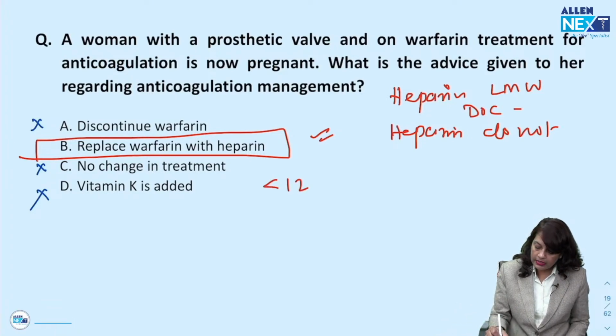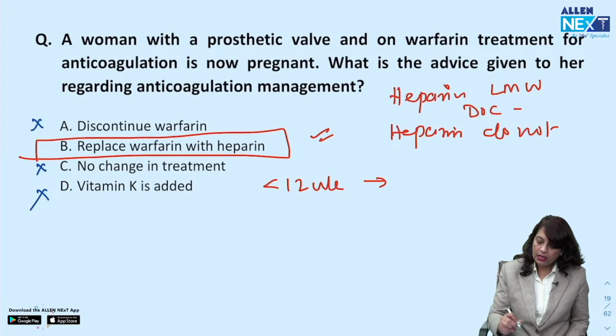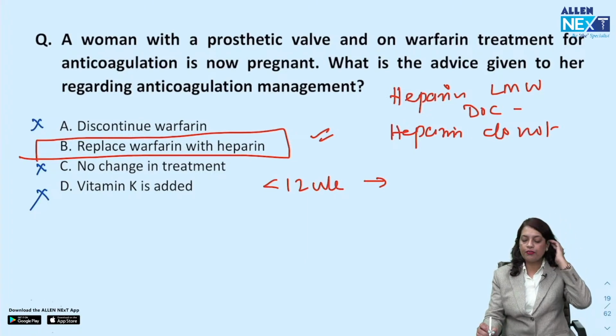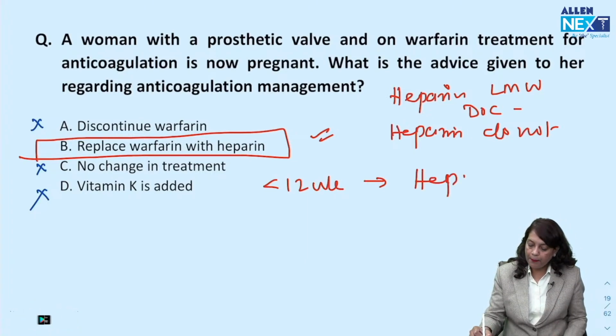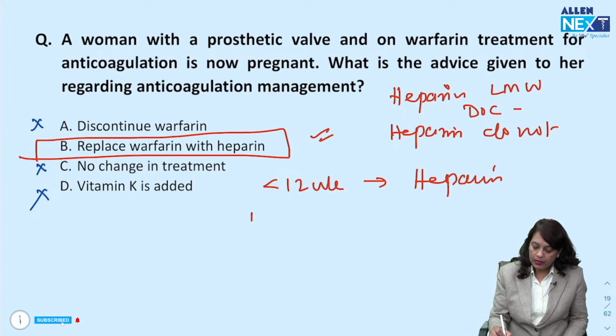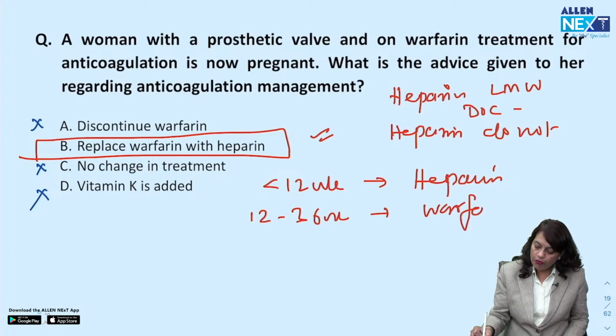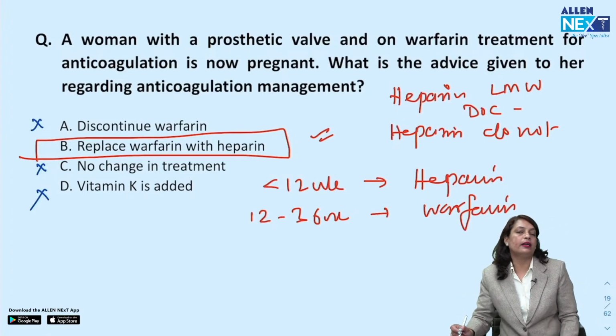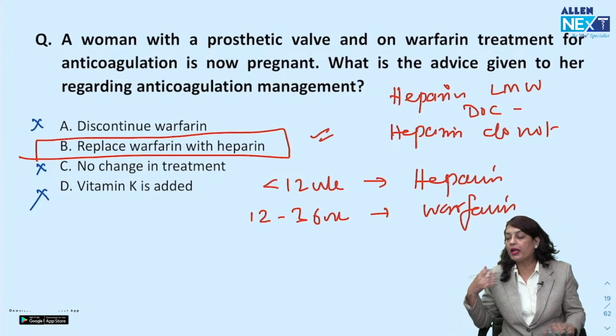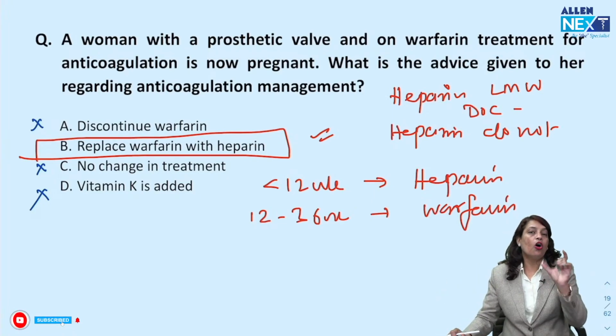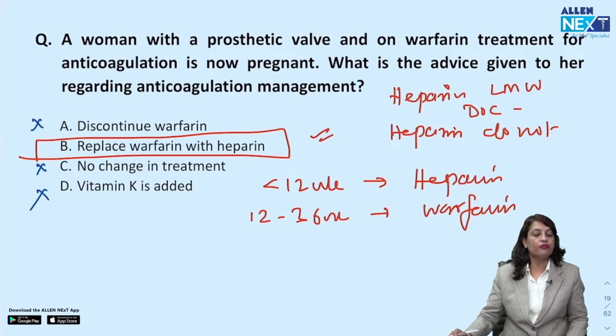Now, in less than 12 weeks of pregnancy, a female with a prosthetic heart valve, you have to give heparin, low molecular weight. 12 to 36 weeks, you give warfarin. Now, why can warfarin be given? Because now there will not be any teratogenic effect as organogenesis has already been done. So you can very well put the patient on warfarin.